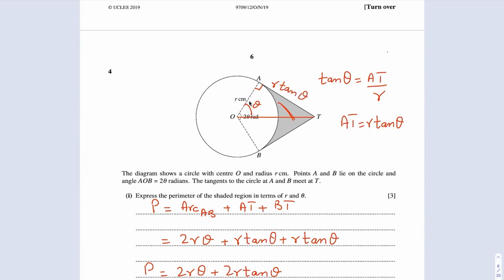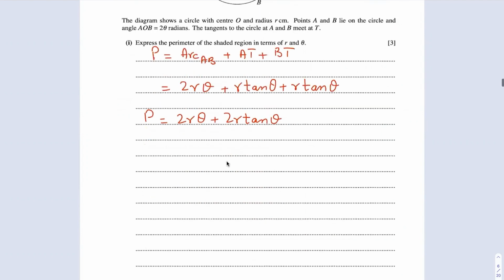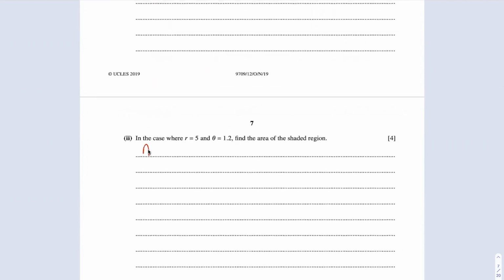So the area of this triangle would be half into r tan theta. So we can write that the area of the shaded region is equal to area of two triangles minus area of arc AOB.